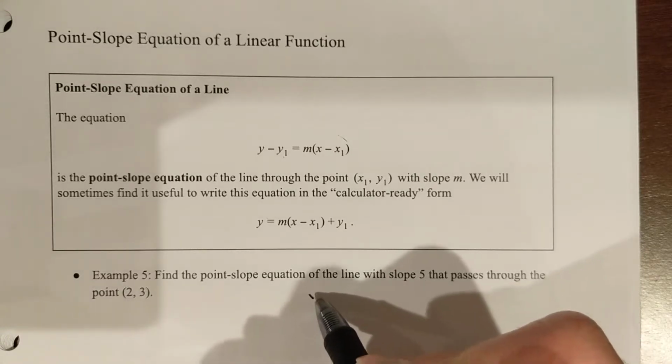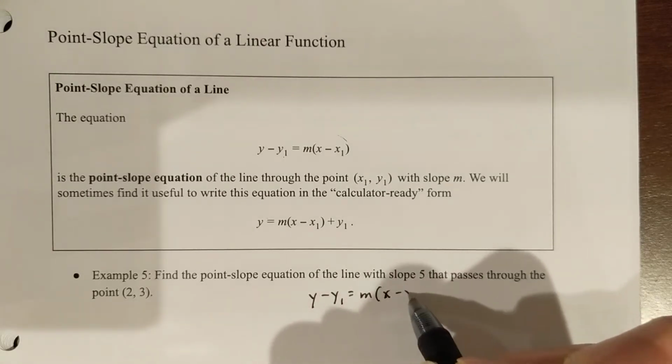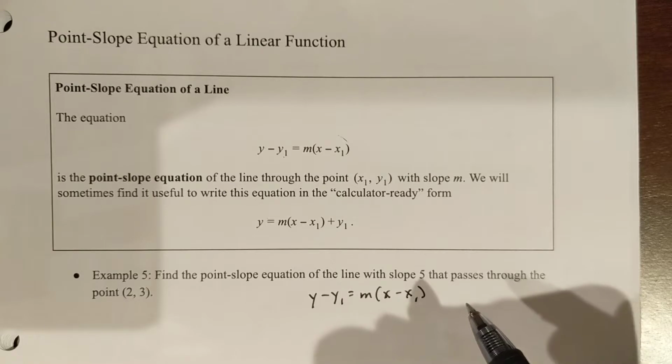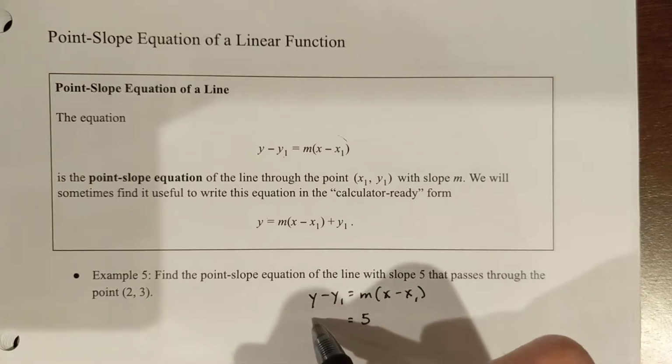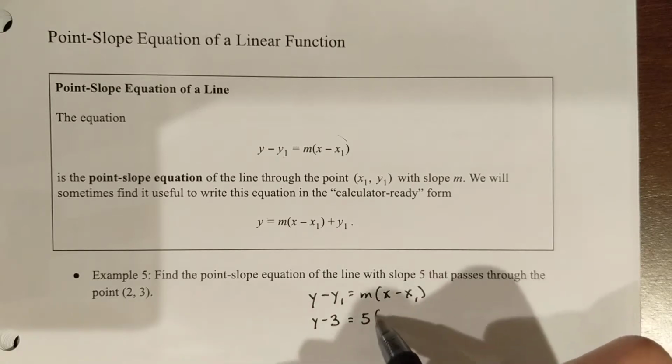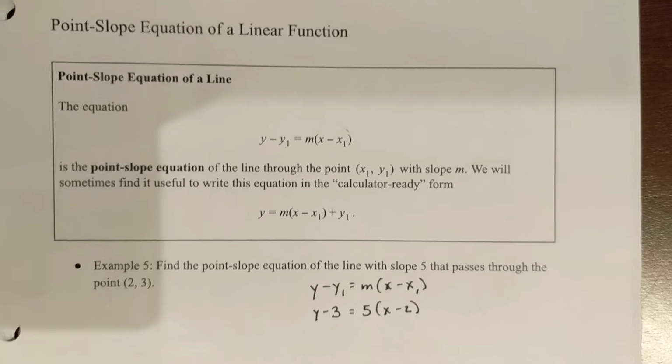So here's my equation, y minus y1 equals m, x minus x1, and I just fill in my values. So slope is 5, so there's my m, and the y value is 3, and the x value is 2. And that's actually as far as you have to go, since this has point slope form. Now, if it says slope-intercept, you'd have to simplify that down.